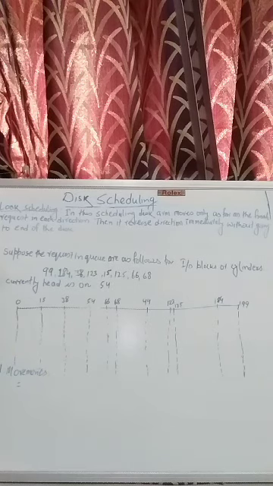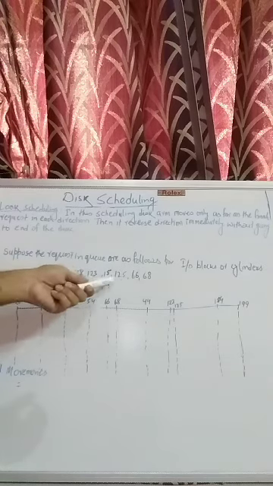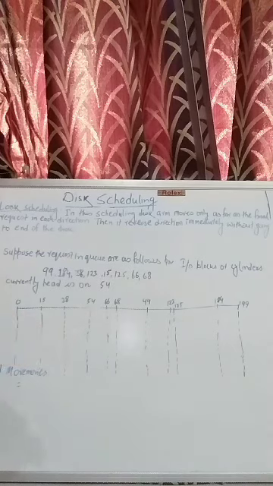Now suppose I am taking one example for this, and suppose the requests for different processes are pending and stored in the queue as follows, for IO blocks or cylinders. The requests are 99, 184, 38, 123, 15, 125, 66 and 68. These are the requests pending for different cylinders.